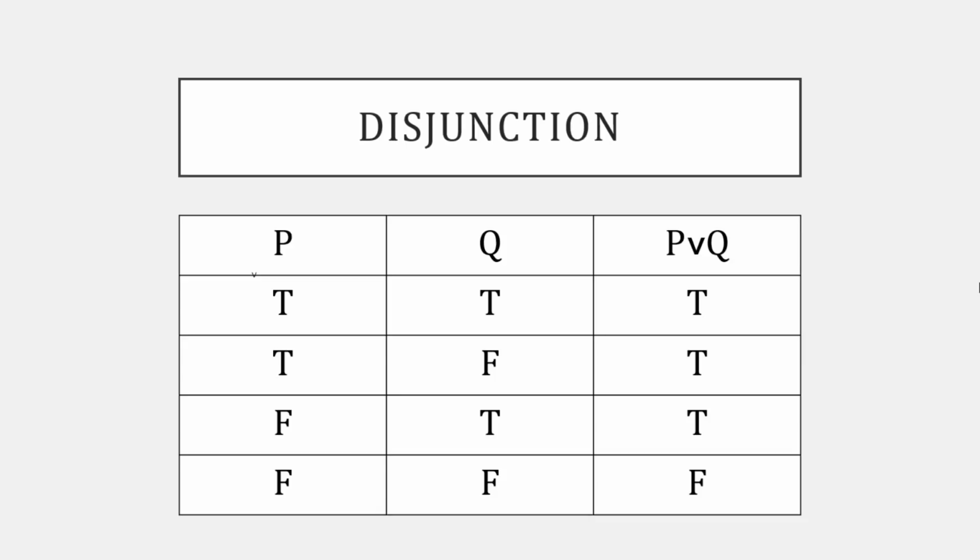Disjunction: P or Q is true just in case P is true or Q is true or P and Q are both true. And false only in case both are false. Okay?